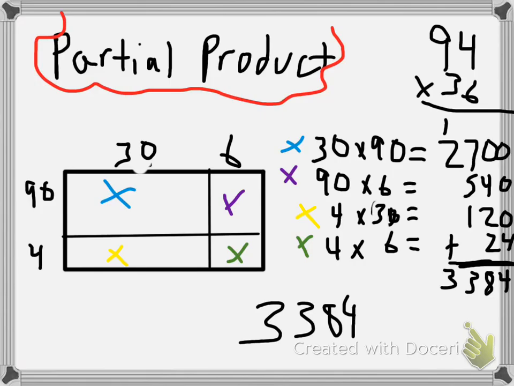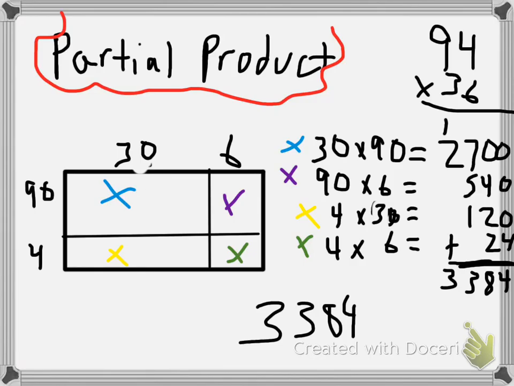And then we multiply 6 times 90, which gave me an answer of 540. And I placed that below our problem as well. You have to make sure that all of the place values, the ones, tens, hundreds, and thousands place, are all lined up correctly.